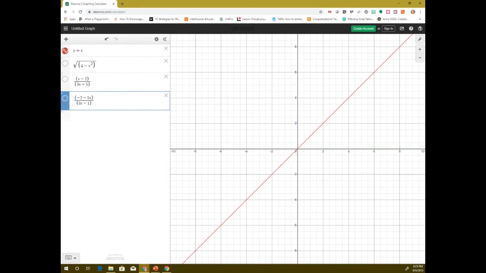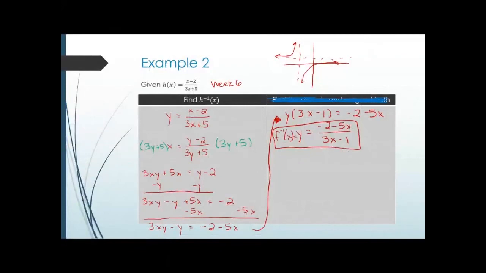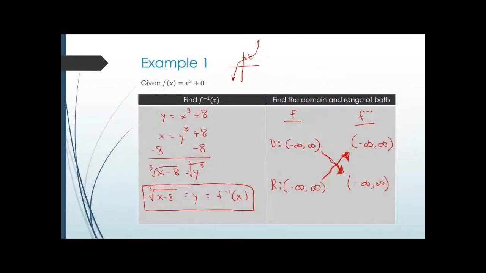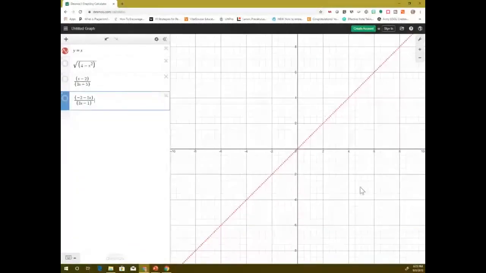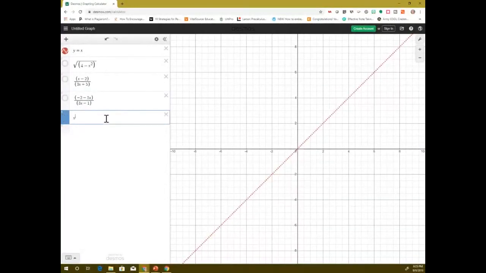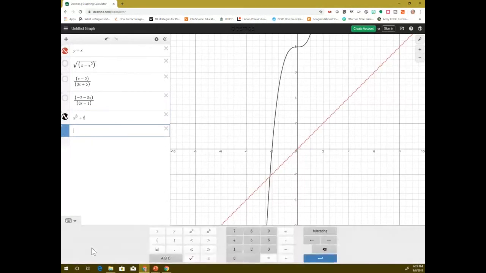And let's go to example 1. Example 1 here was the cubic. So we had x cubed plus 8. And then our inverse was the cube root. There's no cube root button, but that's the same as the 1/3 power. So we had x minus 8 to the 1/3.